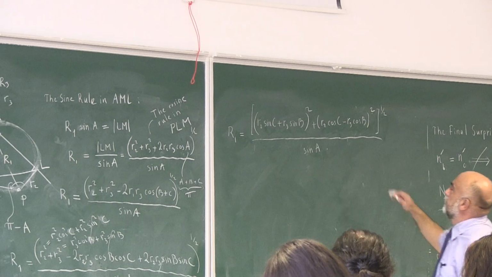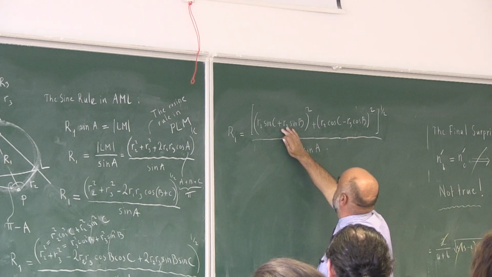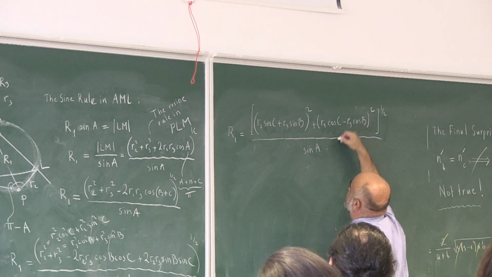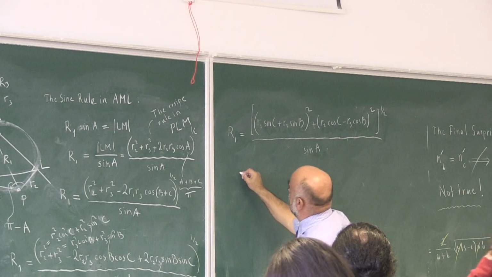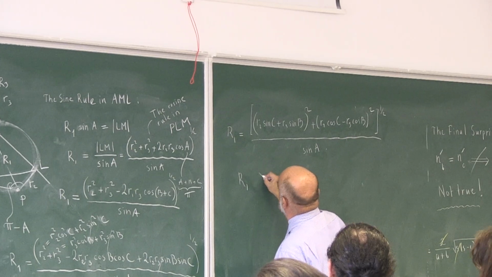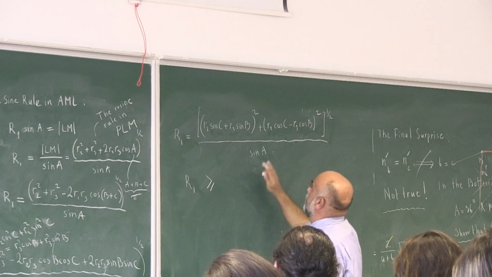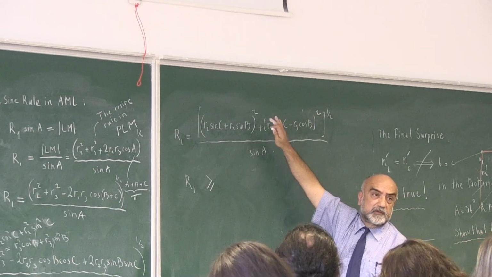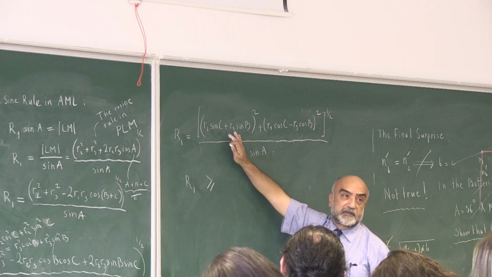Of course, this is a positive quantity, this is a positive quantity. So if I strike this out, I will obtain something smaller. If I consider this to be 0, then I've got something smaller.